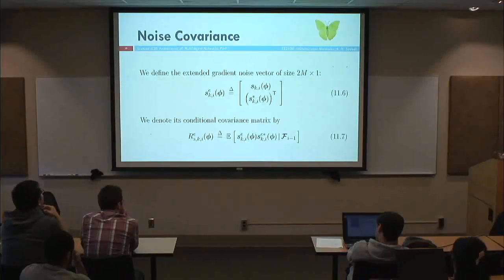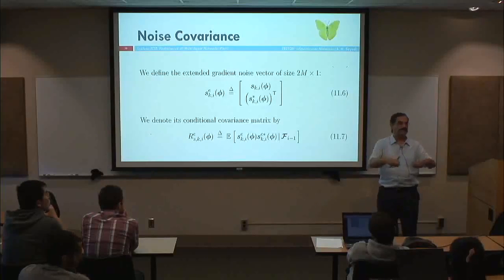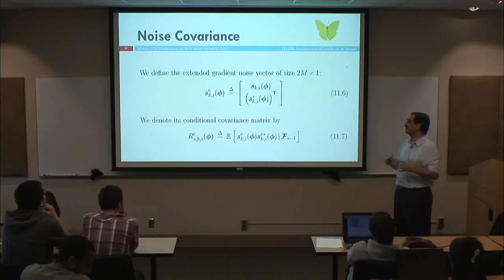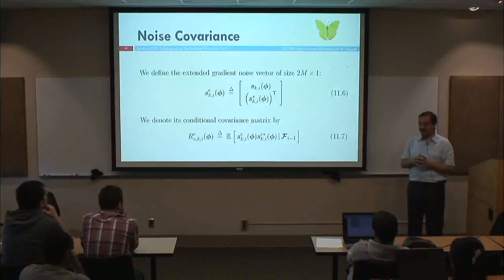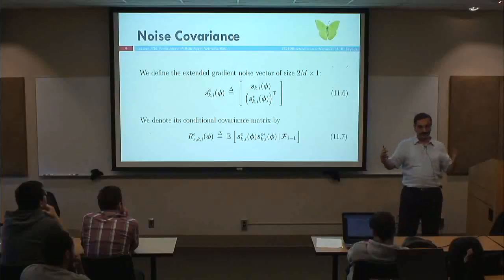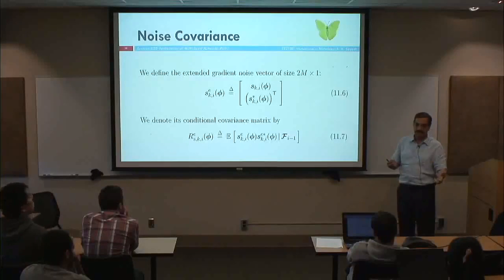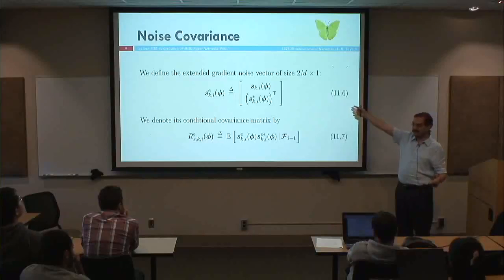Now, because I'm dealing with the general complex case, we always extend our variables. I explained this before: the Hessian matrices are not necessarily block diagonal. So if you want to capture accurately how error evolves over networks, you have to work with extended vectors: extended W tildes, extended gradient noise vectors.